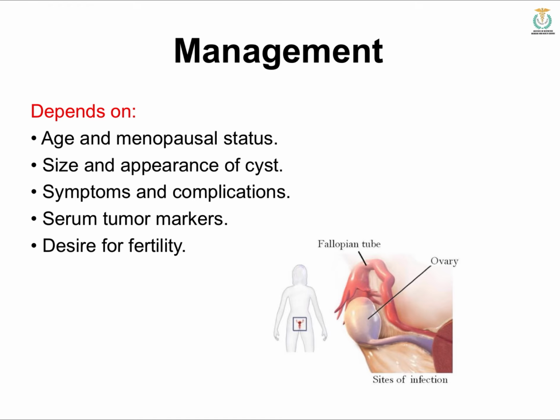The size and appearance of the cyst are very important, as well as symptoms and complications, serum tumor markers, and desire for fertility. Based on these criteria, you plan the treatment accordingly, whether on an OPD basis or an IPD basis.